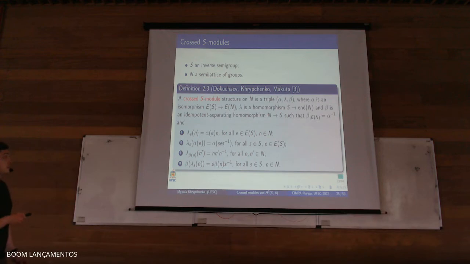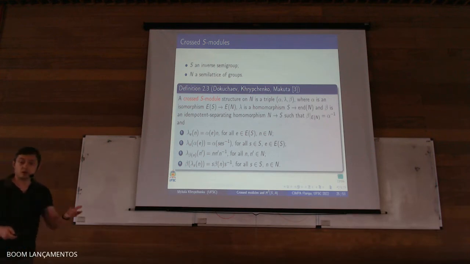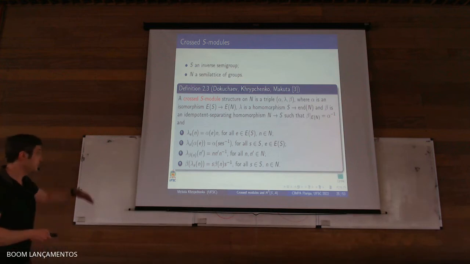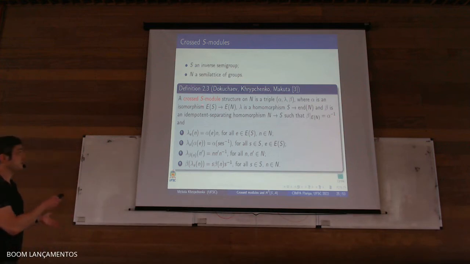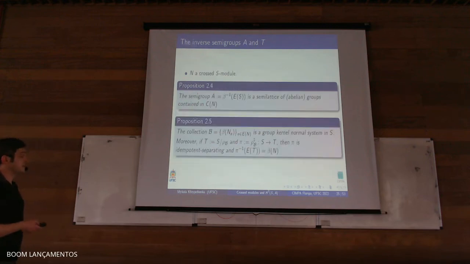Now, these two conditions repeat the same conditions in the group case. So you have two conditions from the definition of a module over an inverse semigroup, and you have two conditions from the definition of a crossed module over a group. And you combine them, and you have a definition of a crossed module. From this definition, we may define A as the kernel of beta.